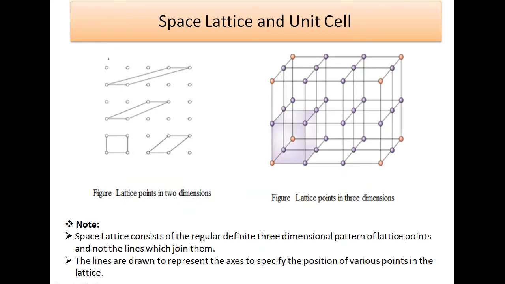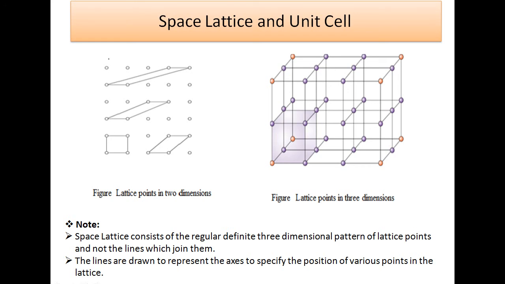Now this shows the lattice points in 2 dimensions and this shows the lattice points in 3 dimensions. So a space lattice consists of a regular, definite 3-dimensional pattern of lattice points, and not the lines which are joining them. Space lattice is just the regular arrangement of these lattice points.